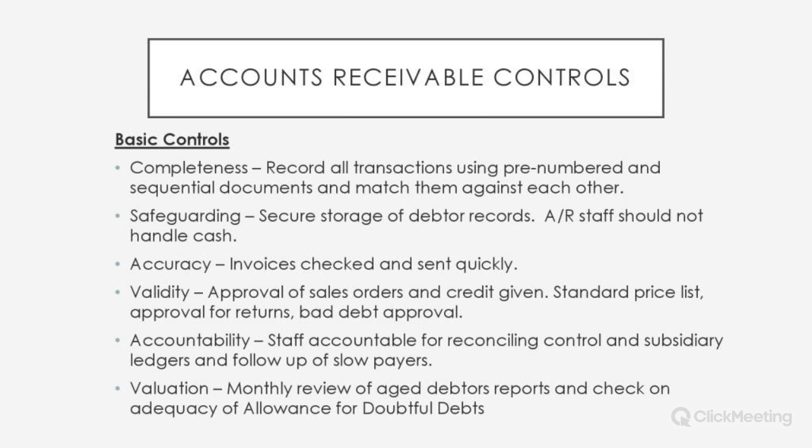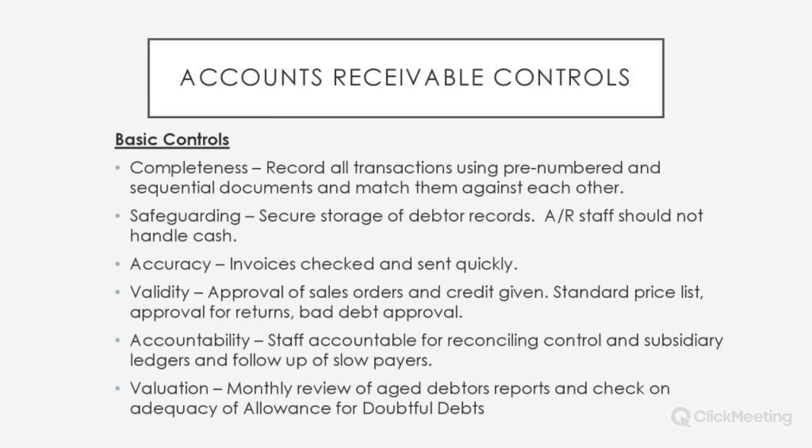To safeguard, secure storage of debtor records, and accounts receivable staff should not handle cash. For accuracy, invoices should be checked and sent quickly. For validity, approval of sales orders and credits given, a standard price list, approval of returns, and bad debt approval.